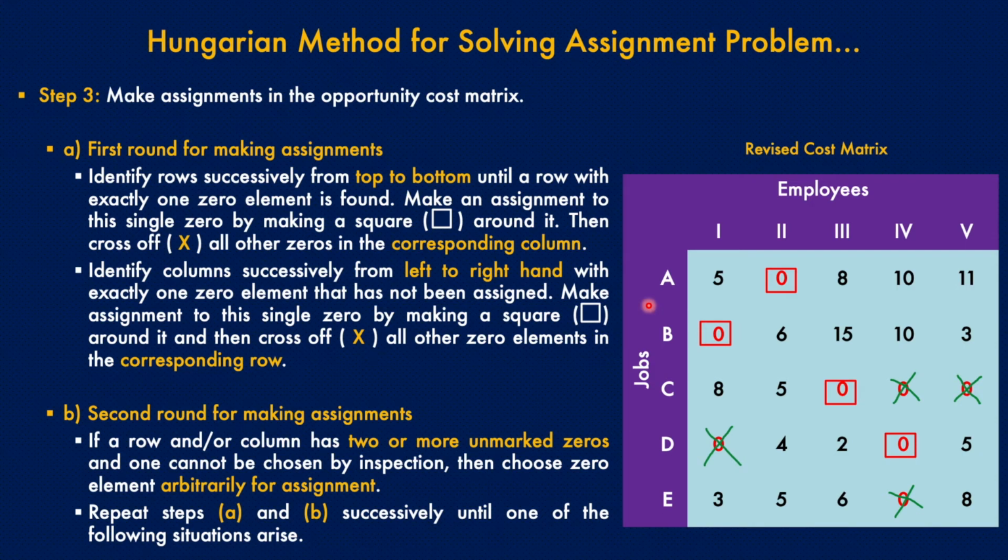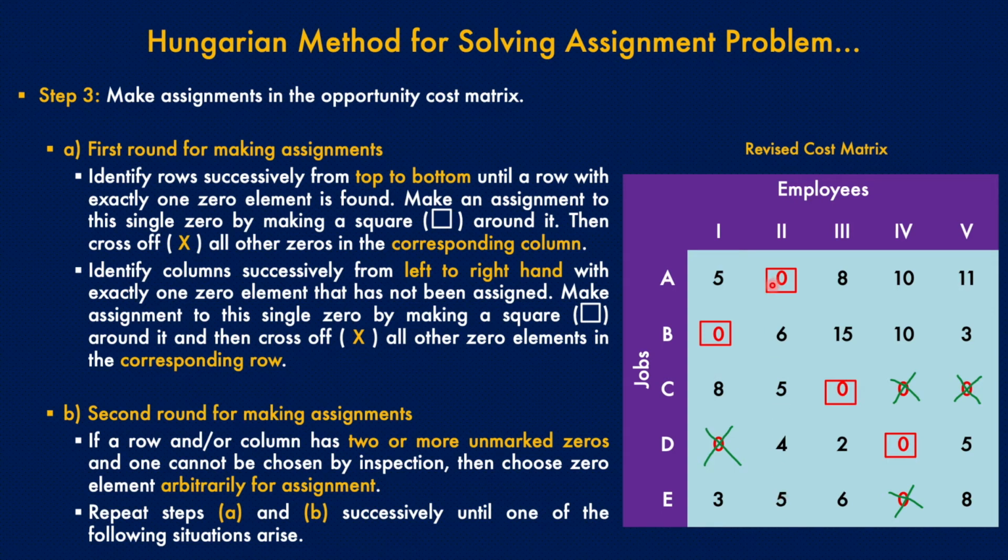Here in this question, in the first row we have only one zero, you can see, so you just mark an assignment like this, a square around that particular zero. Now immediately after assigning that zero, you check, is there any other zero element in the particular column? For the time being, there is no zero, so no issues.